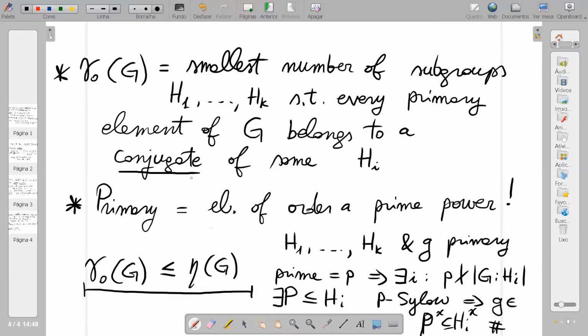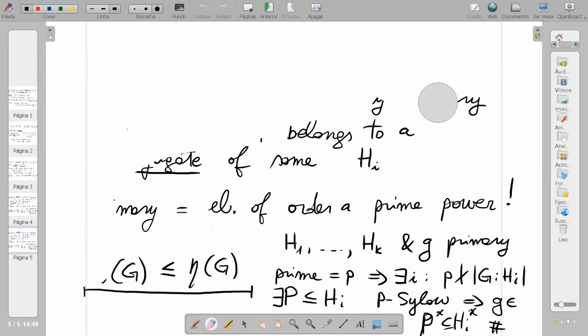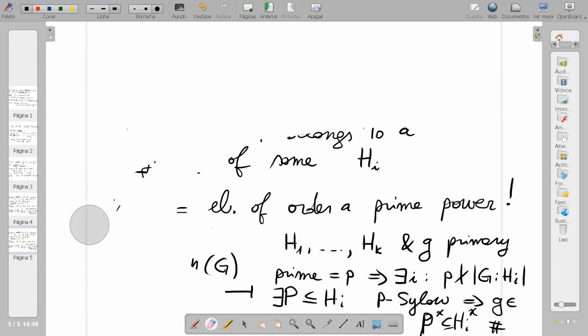In particular, he proved that if G is a simple group of degree n in case it's alternating, or rank n in case it's of Lie type, then nu of G can be bounded by a linear function of the number of prime factors of n.